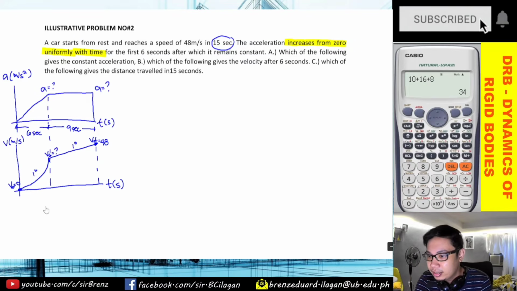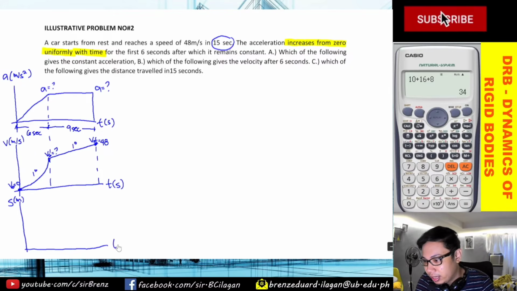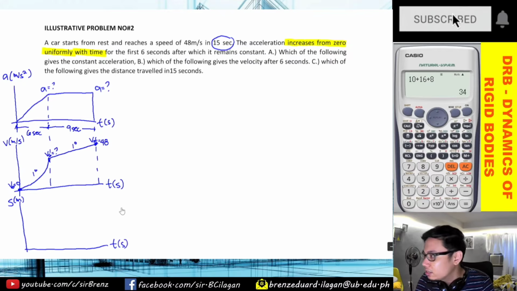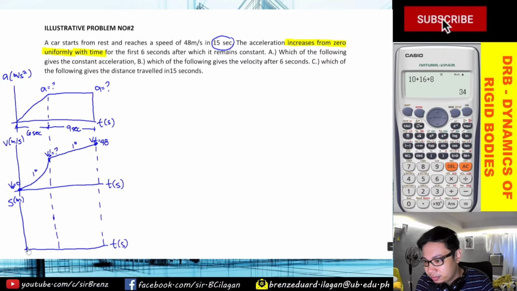And then last, this will be the displacement S, or the distance traveled. The unit will be in meters, and again the x-axis is in seconds. We just project it again; nothing is being solved for yet.